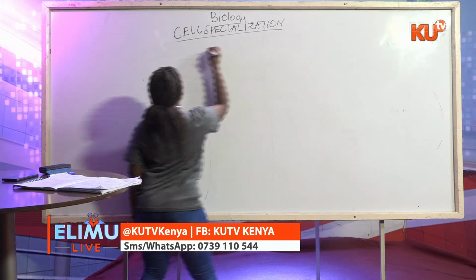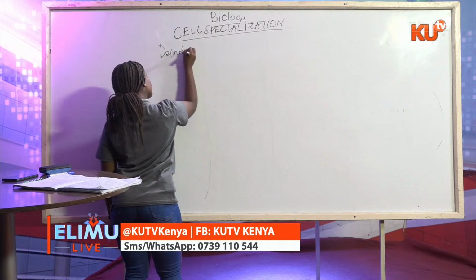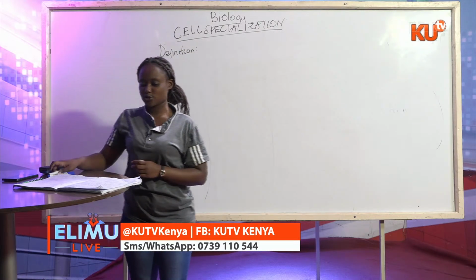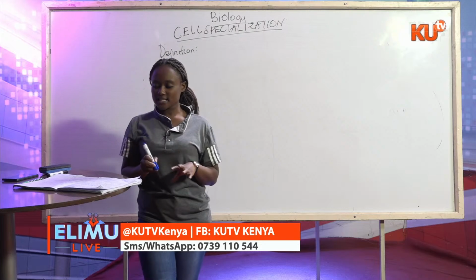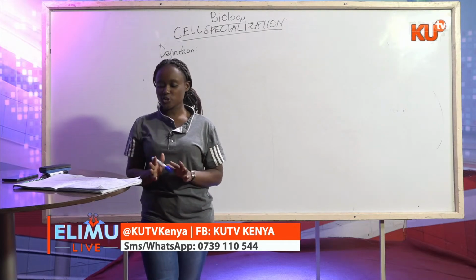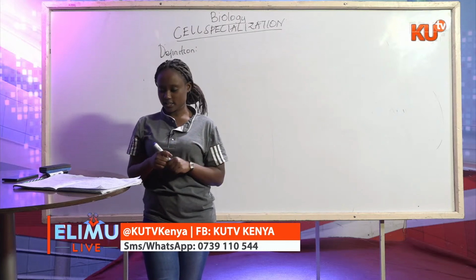And now we start with the definition of cell specialization. So it is when cells develop specific structures and functions to perform particular roles in an organism.